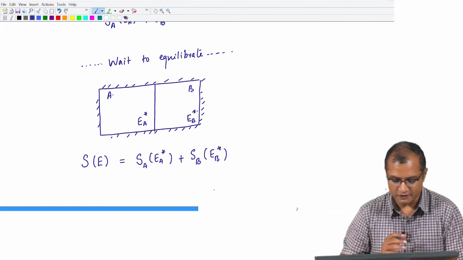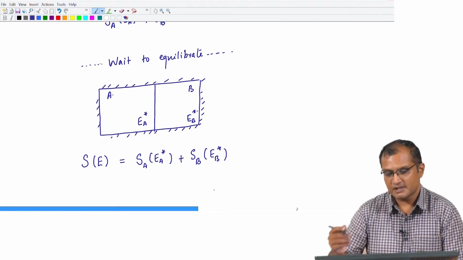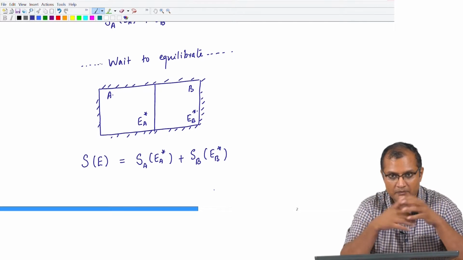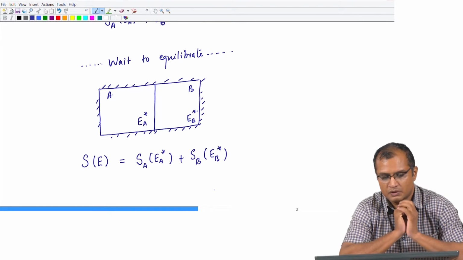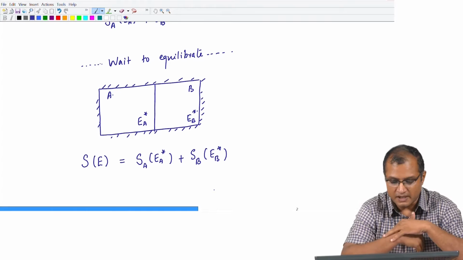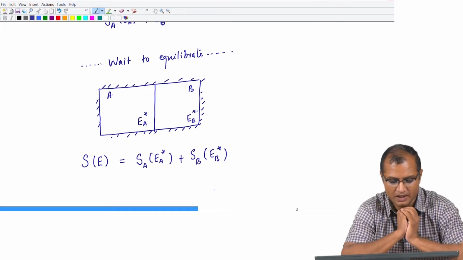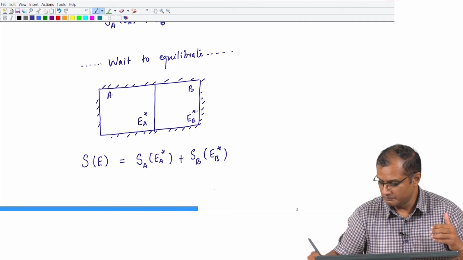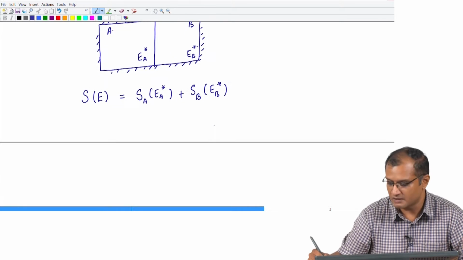We can prove that this is a state of maximum entropy, because if the systems had different energies and they exchanged energy between them after being brought into contact, then there is no way this system will go back to its initial configuration on its own or spontaneously, which means this redistribution of energy was irreversible. And when this redistribution is irreversible, the entropy of the system has definitely increased, okay. And we can find this out.